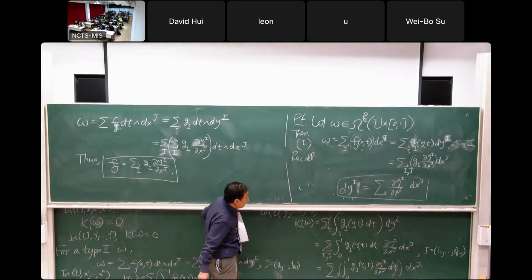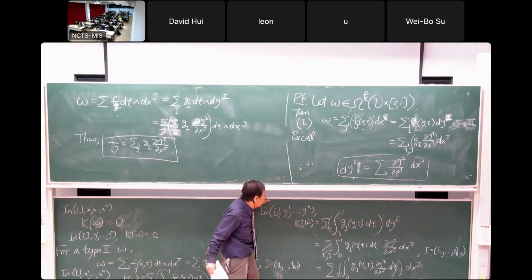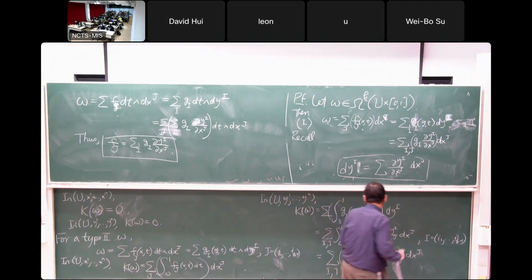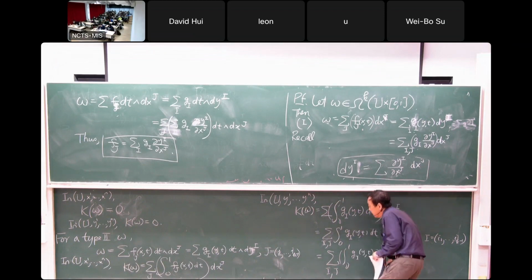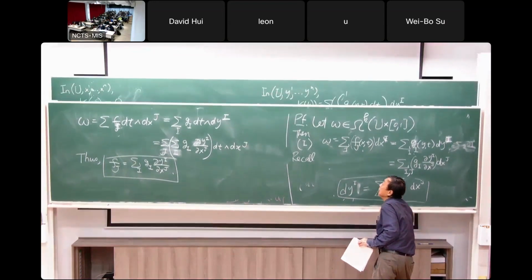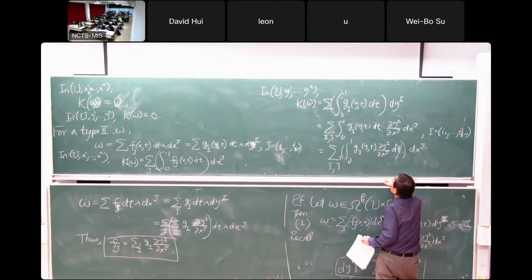And now we're calculating K of a type 2 form, and we got this.